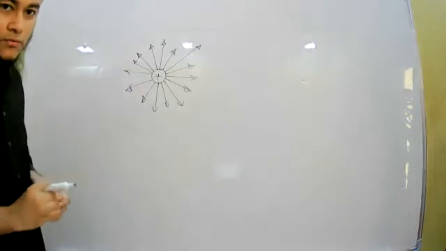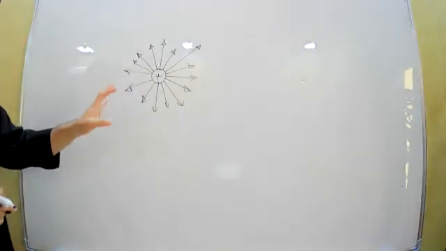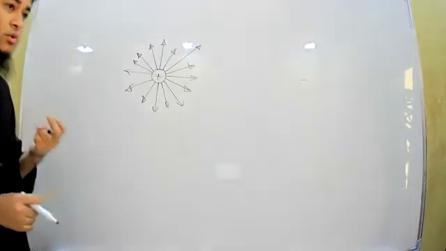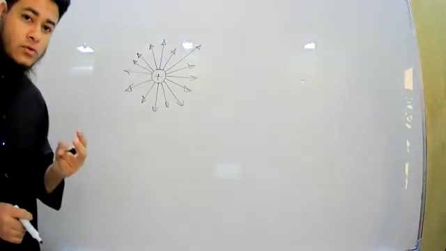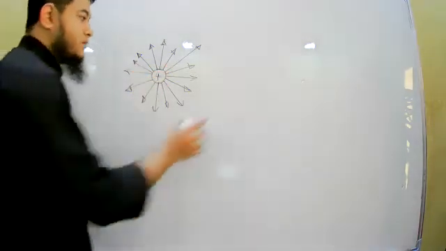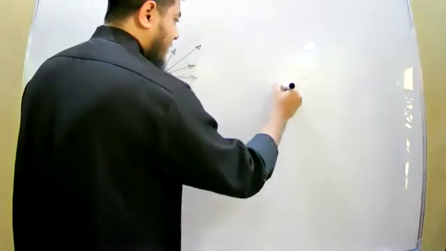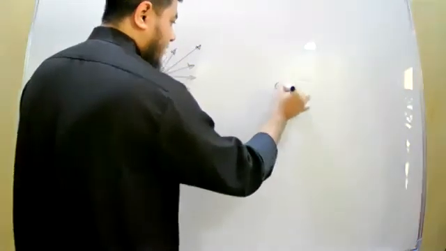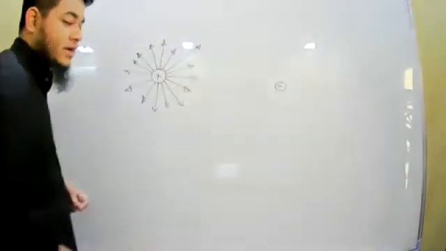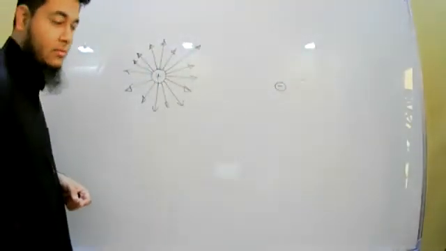I don't know how uniform it looks, but this is the type. Then point number 2: electric lines of force come out of the positive charges and enter into the negative charges. Let us say we have a negative charge here. So what will happen? This line will be attracted towards that, right? Positive is attracted by the negative.